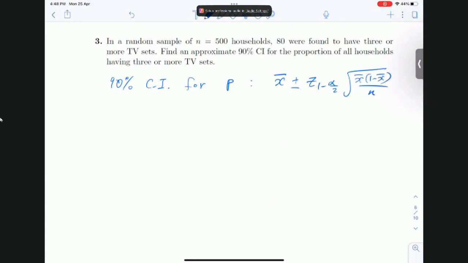Now we have the sample size n, which is given as 500. And alpha is determined according to this coverage. And what we need will be the sample proportion. We know that we have a sample in which 80 of them were found to have 3 or more TV sets. So the sample proportion is obtained by the sample count divided by the sample size.